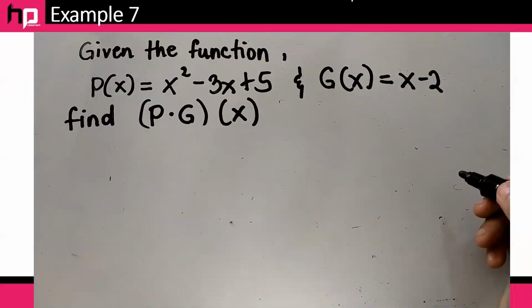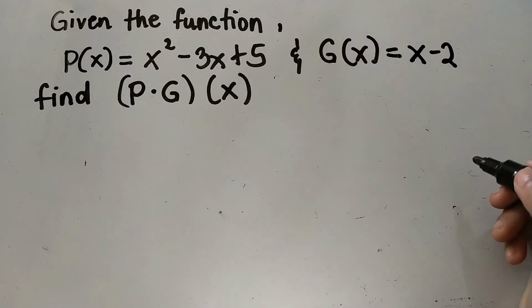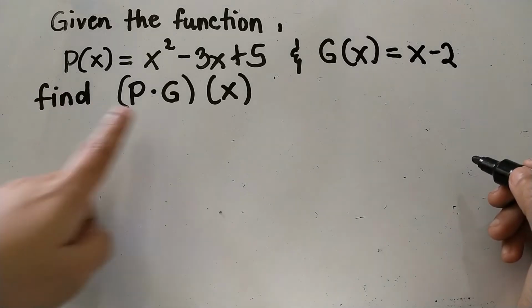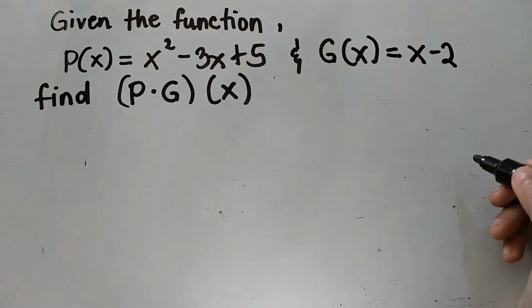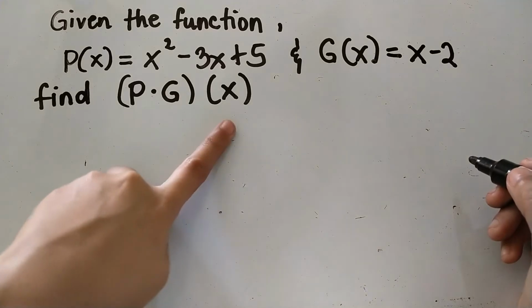And this is the example for multiplication. For our third example, we will solve for p times g of x, operation on functions which involves multiplication. So given the function p of x is equal to x squared minus 3x plus 5 and g of x equals x minus 2, find p times g of x.